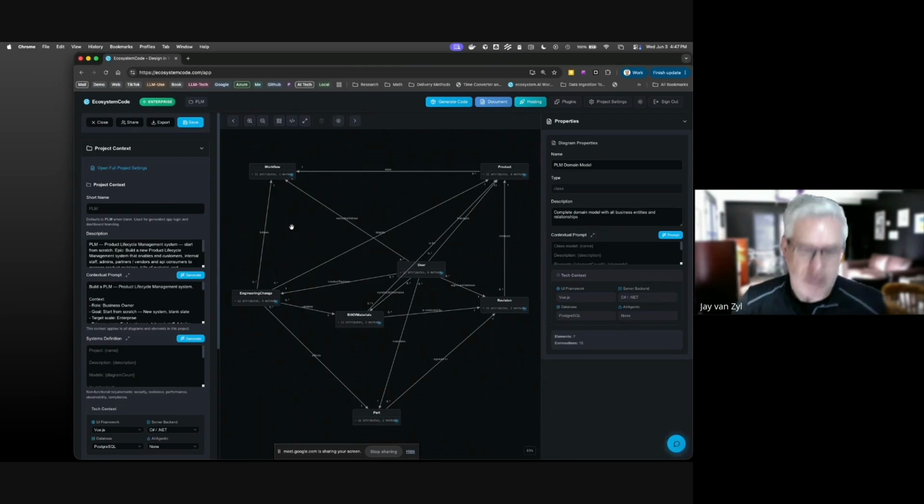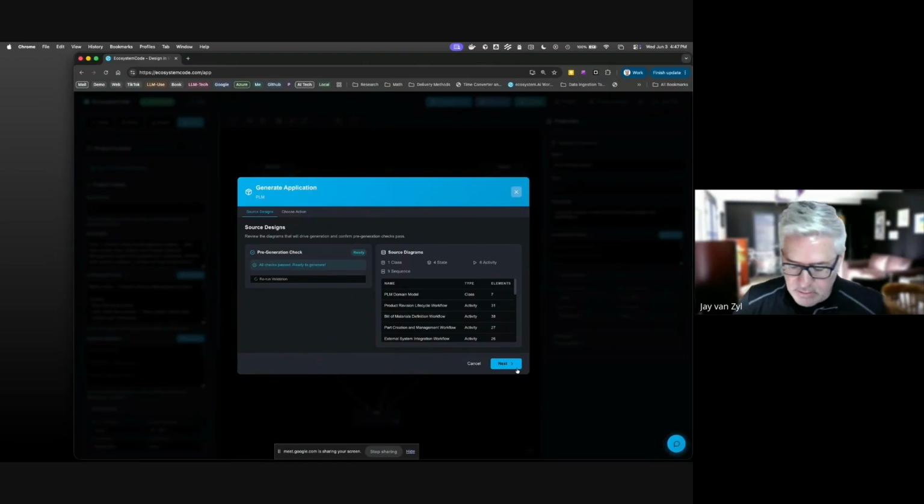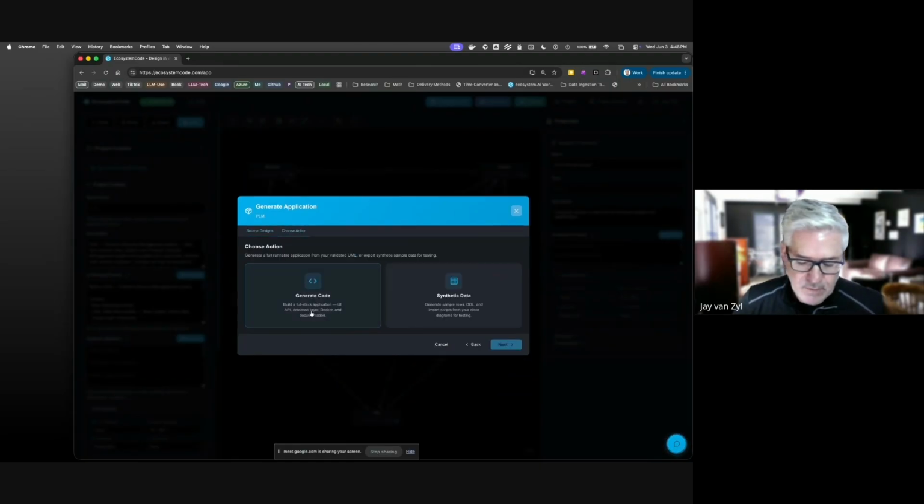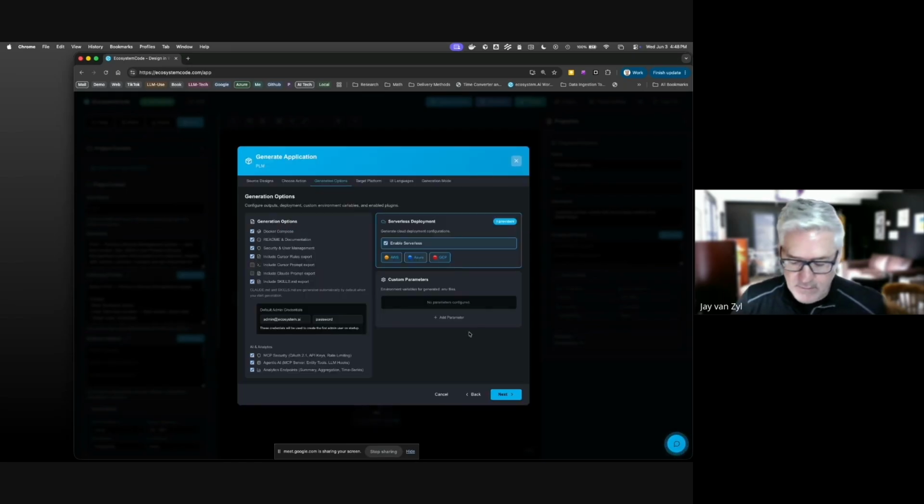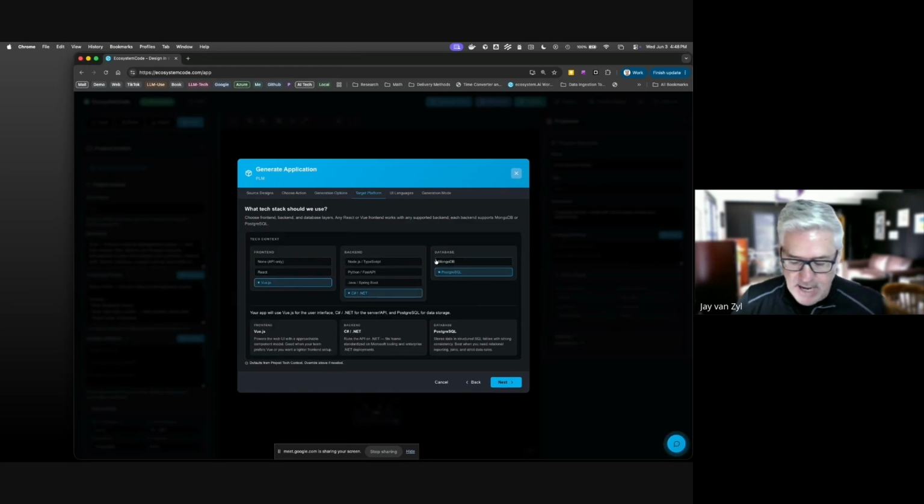That's essentially the concept. When you go to generate code, you'll notice that it shows you the list of your various diagrams that were generated through your specification. If you follow the code generation, you'll see there's no data generation per se in this environment, but you can pick the target code base.